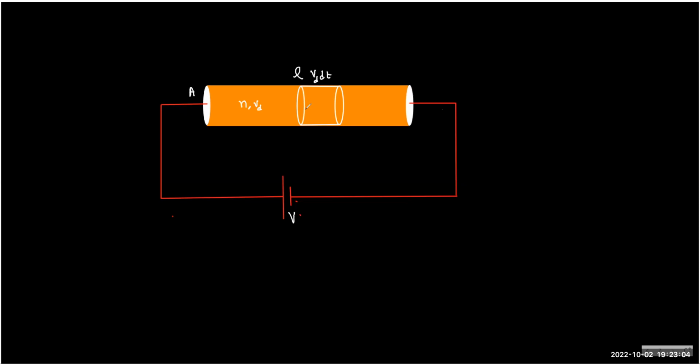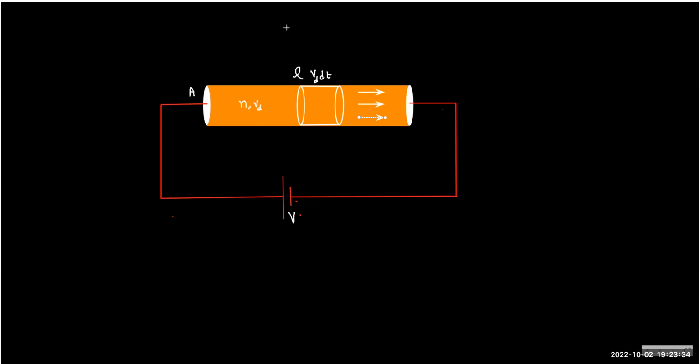So you can say that the entire volume of Vd dt has now been replaced by some new electrons, right? Because it is a flow. So this volume you have replaced, no? And the previously prevailing electrons in this volume have now moved forward.